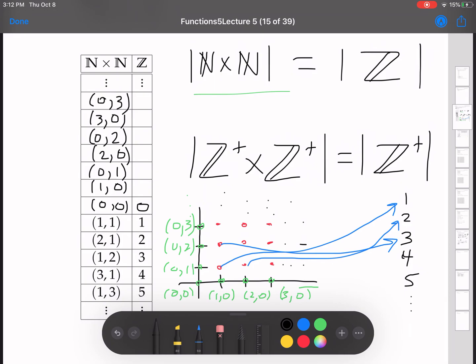And then what integers am I going to match these up with? I've got -1, -2, -3, -4, -5, -6. And that defines my bijection.